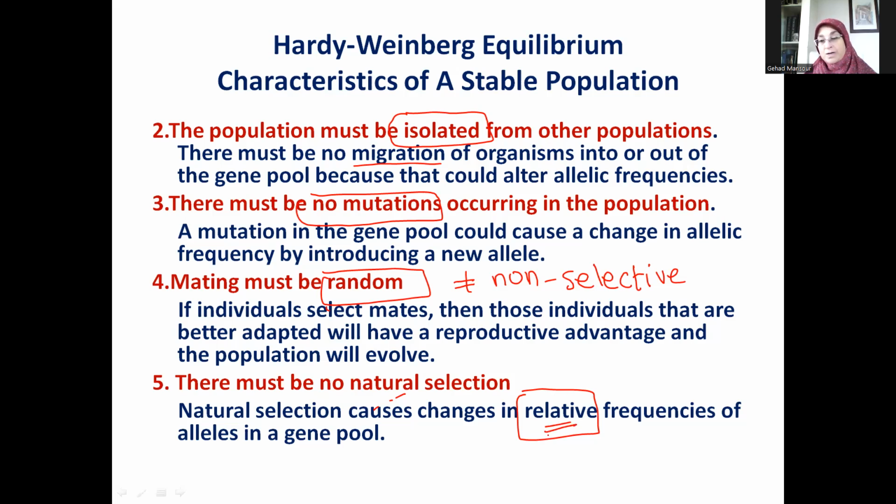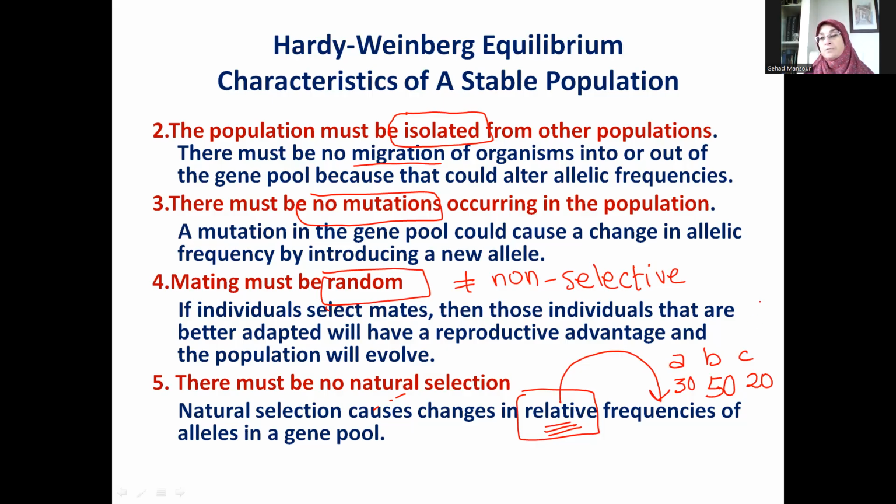But here there is a very important description that you have to memorize. It changes the relative frequencies of alleles in the gene pool, meaning that if I have 3 alleles, A, B, C, for example, allele A had a percentage of 30, allele B had a percentage of 50, and allele C had a percentage of 20.